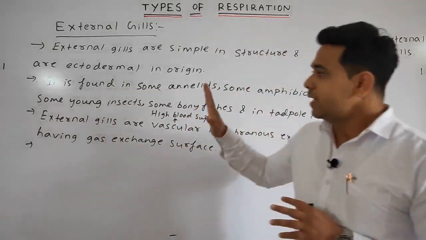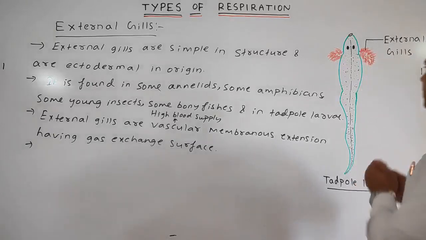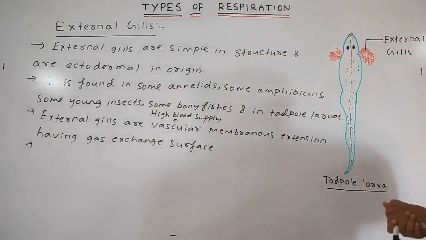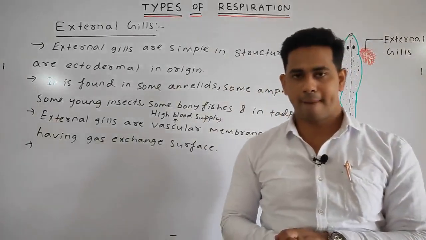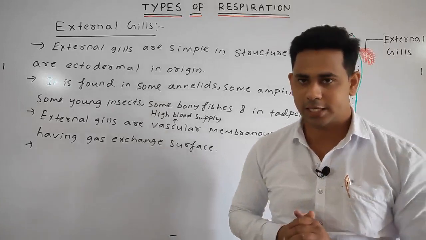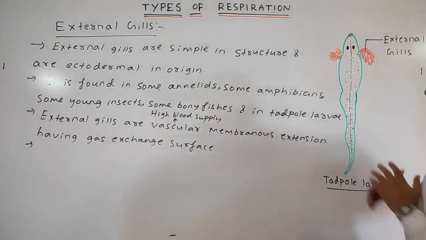Okay. Then your next point is these external gills are bathed, or we can say surrounded by the water, by which the gaseous exchange takes place. Obviously, this one is aquatic, it simply remains in the water.